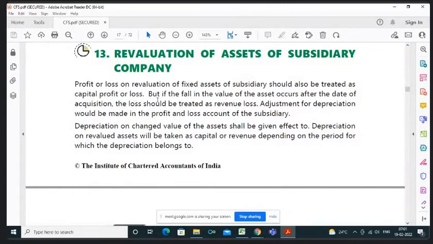But if the fall in the value of the asset occurs after the date of acquisition, the loss should be treated as revenue loss. Adjustment for depreciation would be made in the profit and loss account of the subsidiary. Depreciation on changed value of assets shall be given effect to. Depreciation on revalued assets will be taken as capital or revenue depending on the period to which the depreciation belongs.